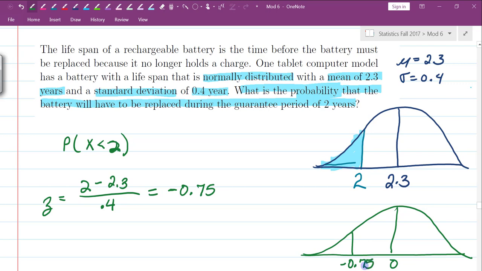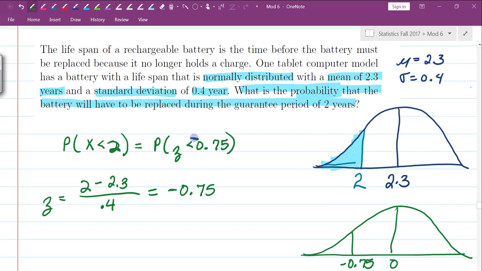So when I say what's the probability that X is less than 2, that's the exact same thing as saying what is the probability that Z is less than negative 0.75. Don't forget your negative. That's very important, okay?